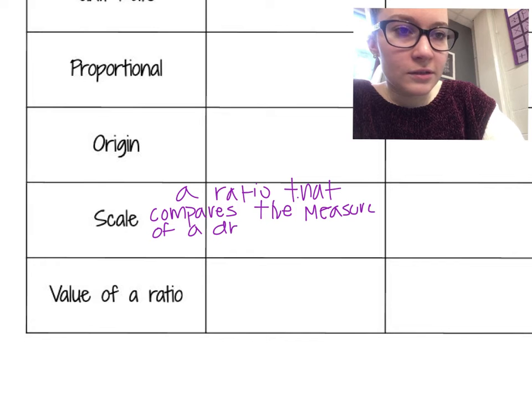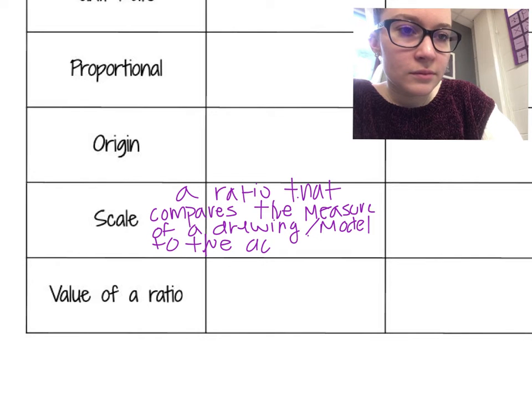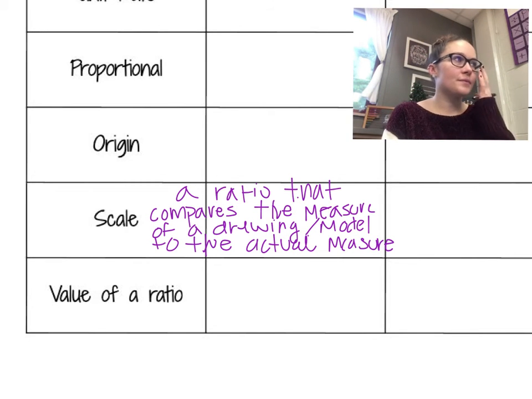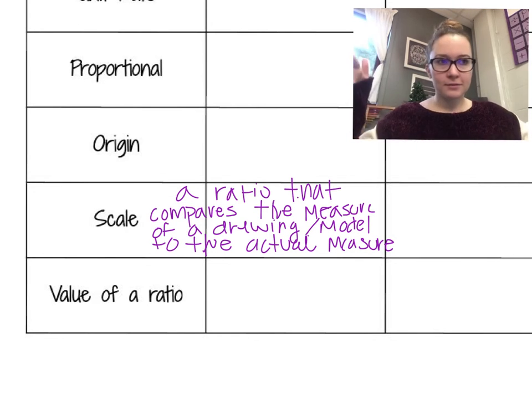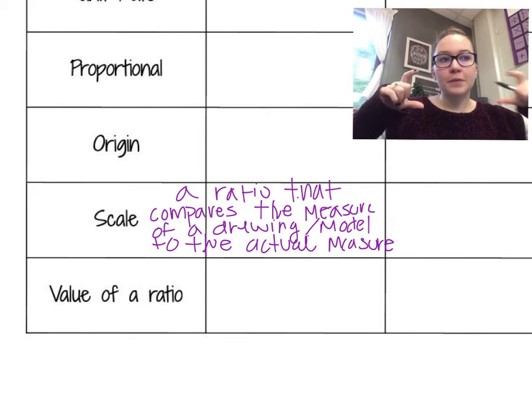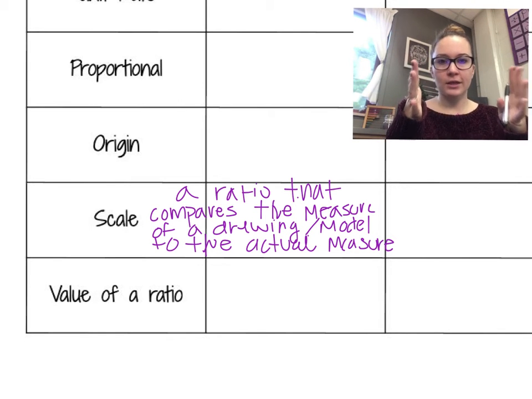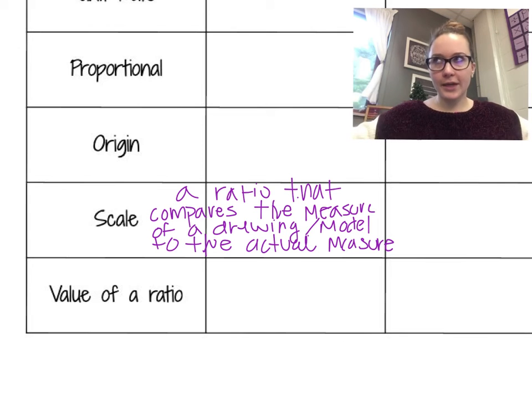Of a drawing or model to the actual measurement. So if you think of a scale on a map, right? A map of the United States is just a picture, but it kind of has a scale. It's the exact same proportions as the US, but we can't print a whole picture that's the exact size of the US.